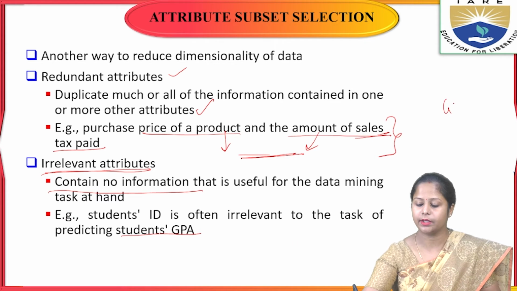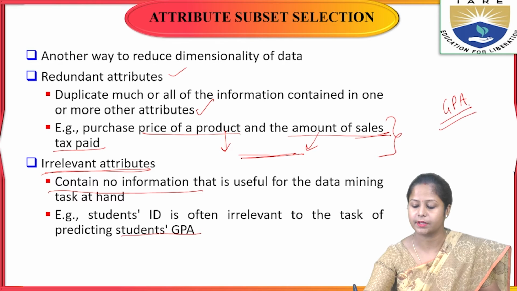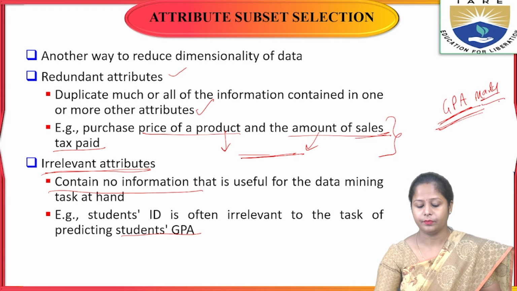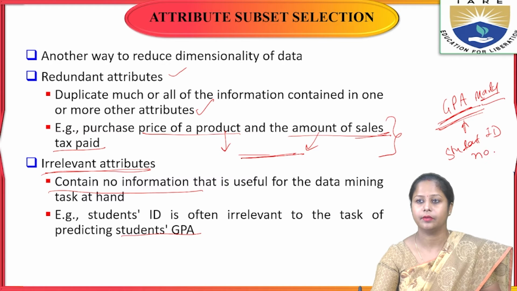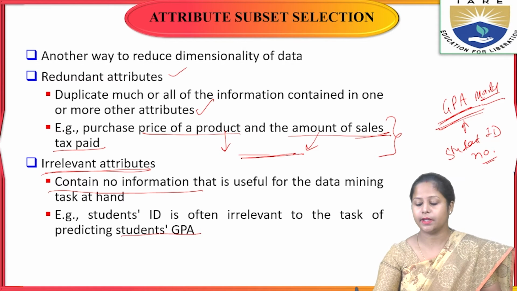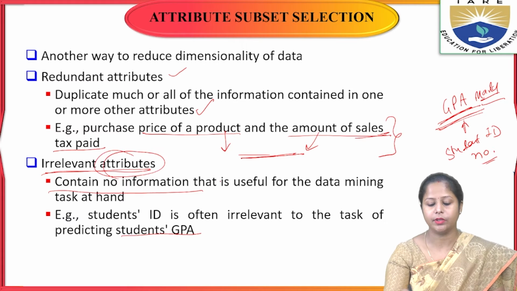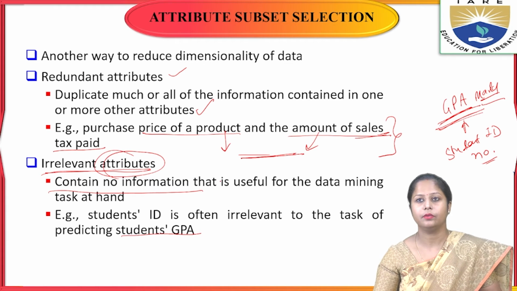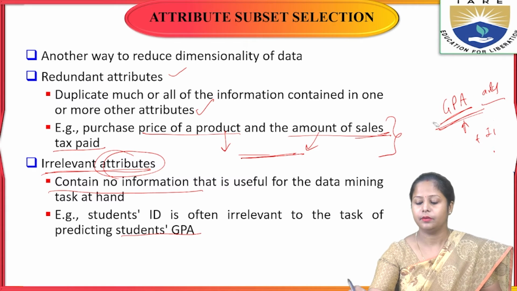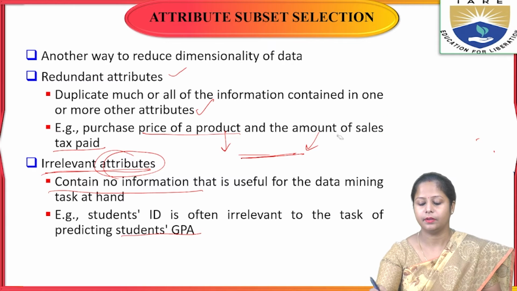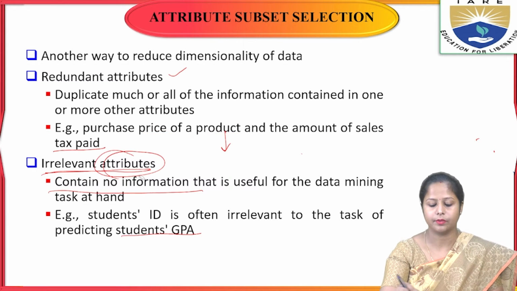If we are going to calculate the GPA or percentage of marks of the students, then we don't need the student ID number. That is an irrelevant type of attribute, and we need to reduce it. So we have to select a subset of the attributes.